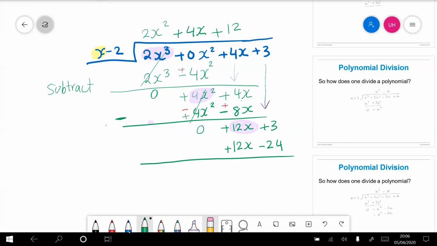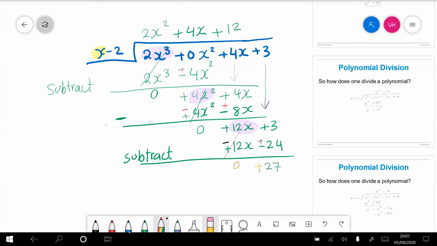And then we subtract. As I said, if you want to put it this way to help you, 12 minus 12 cancel each other, so that's 0. And then plus 3 minus minus 24, which is plus 24, is plus 27.